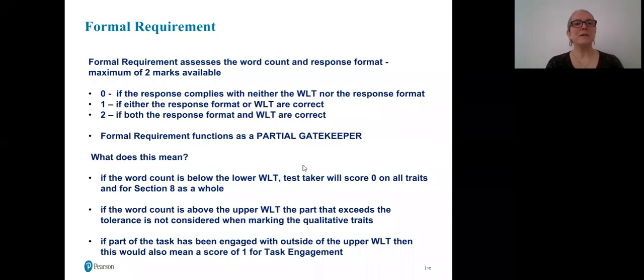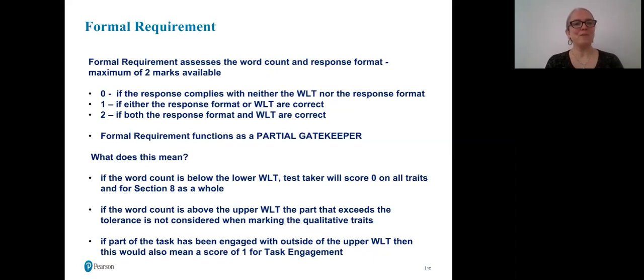So here, no marks would be awarded if the response does not comply with either the word limit tolerance or the response format. So if it's too short or too long, or it's in the wrong format, for example, they've given us a shopping list instead of an email, then they wouldn't get any marks here.